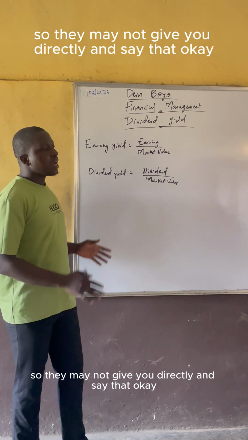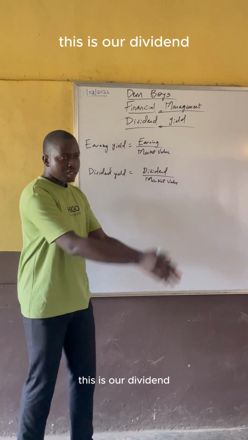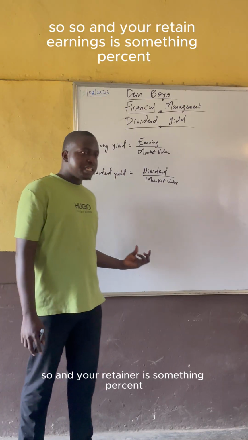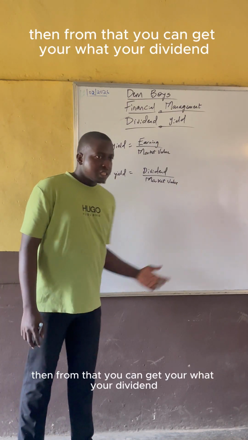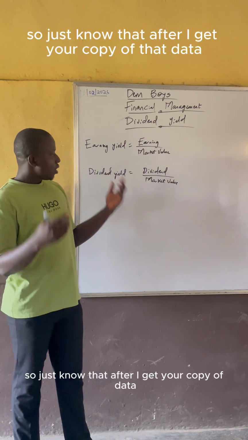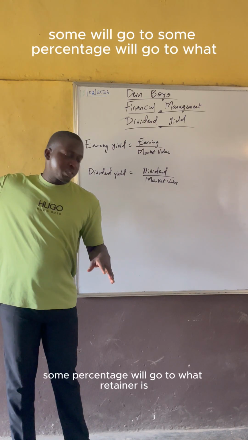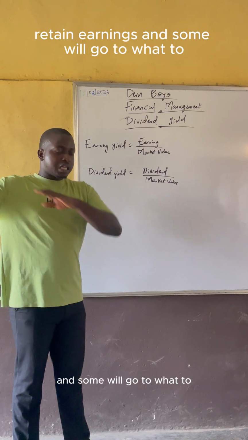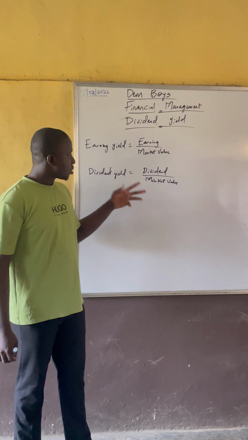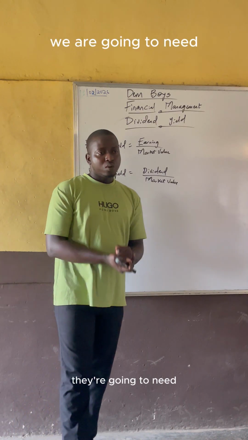They may not give you the dividend directly, but they might tell you the profit after tax and that retained earnings is some percent. Then from that, you can get your dividend. So just know that after profit after tax, some goes to retained earnings and some goes to dividend.